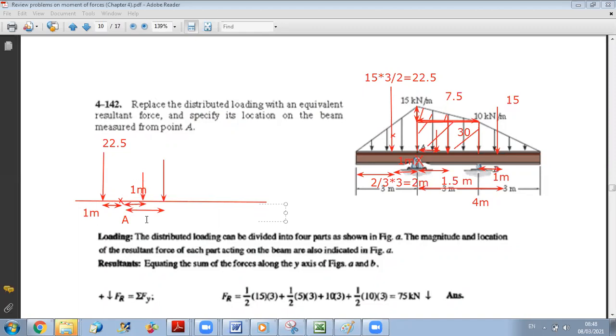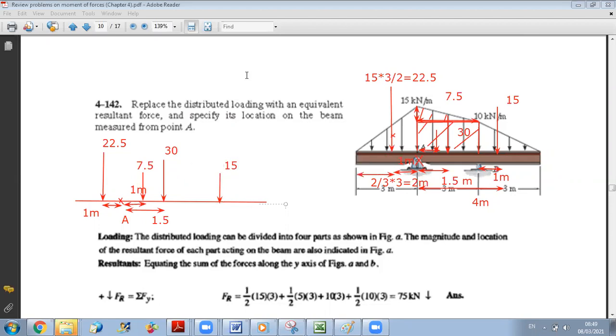This distance is 1.5. And the values are for the triangular 7.5, and for the rectangular, it is 30. And finally, you have the final force of 15 kilonewton, which is the farthest one from A. So this is 15, and I have a distance of 4 meters.